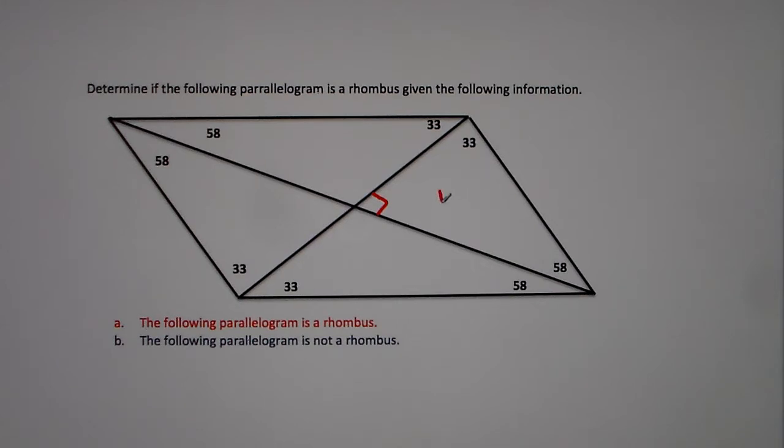We do that with the 180 degrees. We do 33 plus 58, which gets us 91. 91 plus 90 gets you 181. So it does not equal 180 degrees. Since it doesn't equal 180 degrees in that triangle, the following parallelogram is not a rhombus, because it needs to be all matching angles, and it also has to meet that 90-degree angle mark.